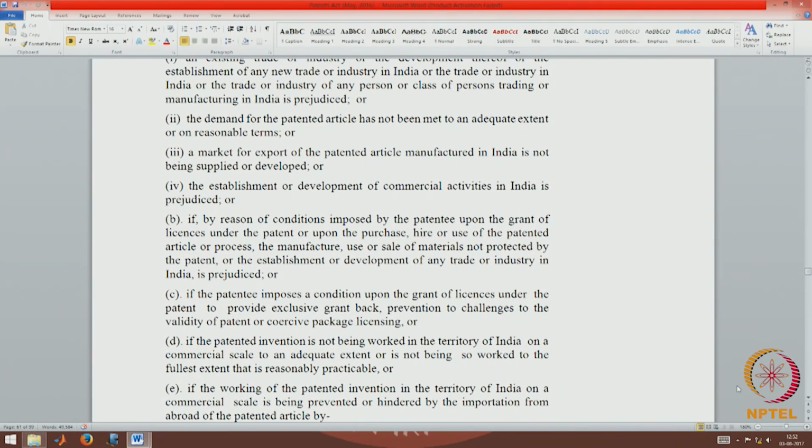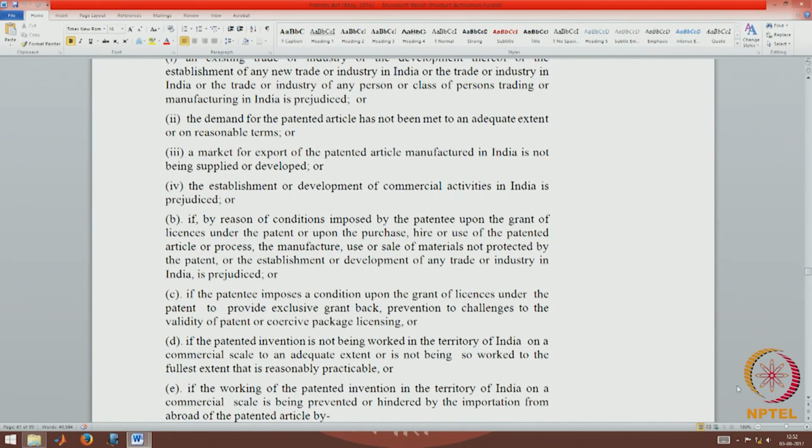So, which amounts to manufacture, use or sale of materials not protected by the patent. The patent in itself does not protect the quality of the paper that is used, but the patentee insists that you have to buy my machine, and along with the machine you have to buy paper from me.